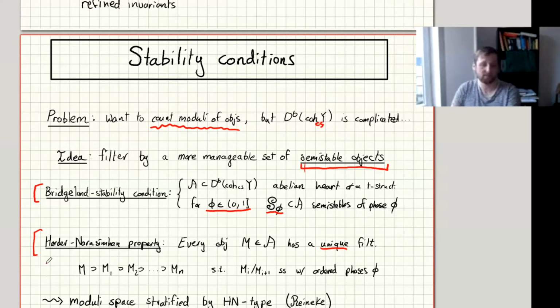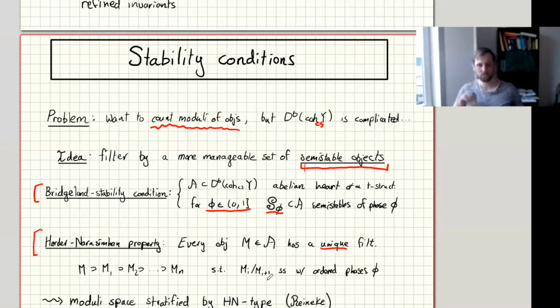And in doing this, if your category is nice and you have nice moduli spaces to begin with, then this will give you a stratification of the moduli space by the type of filtrations you get.